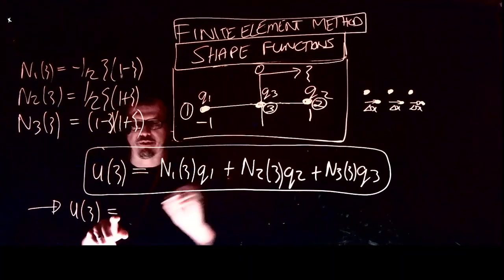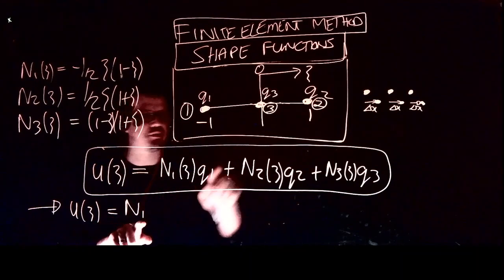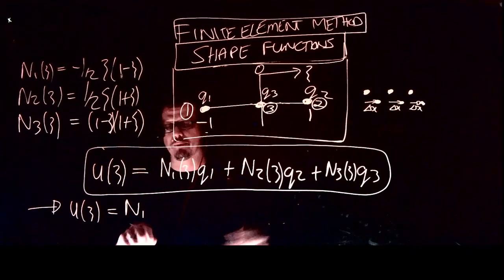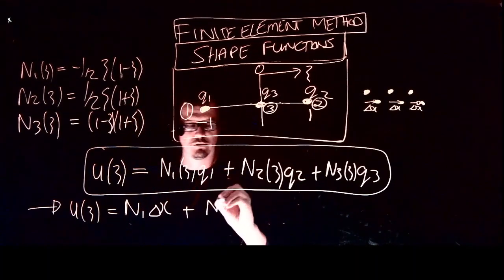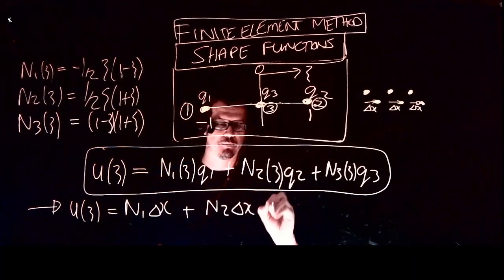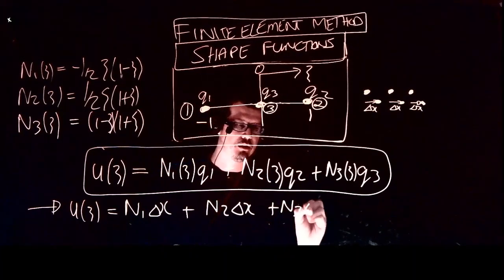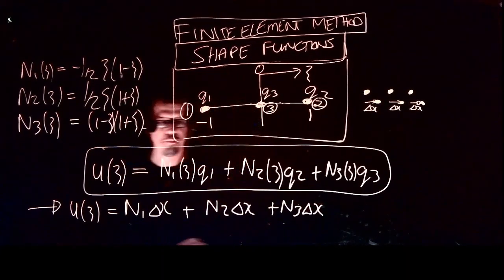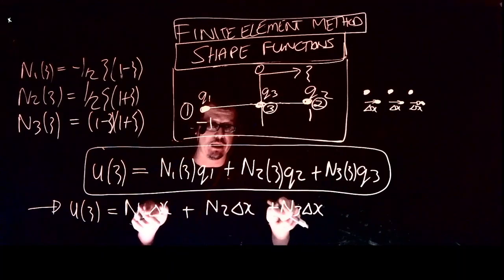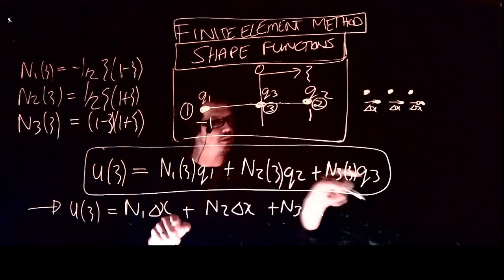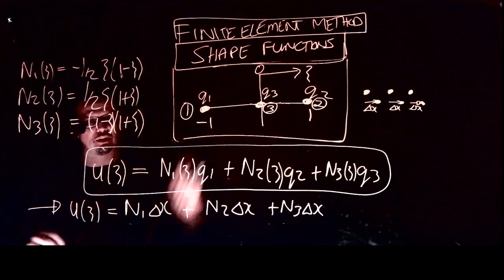If I give n1 the same displacement, delta x, plus n2 delta x plus n3 delta x, okay, that's it. I've given each of these unknowns the same value, and I can do that because remember, q1, q2, q3 are just the displacement of that node.